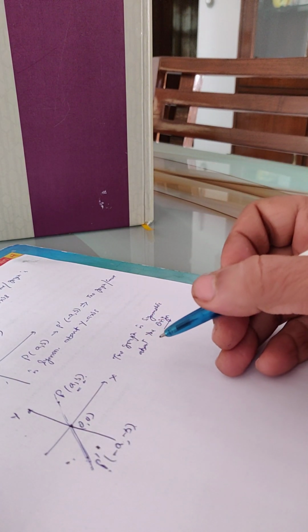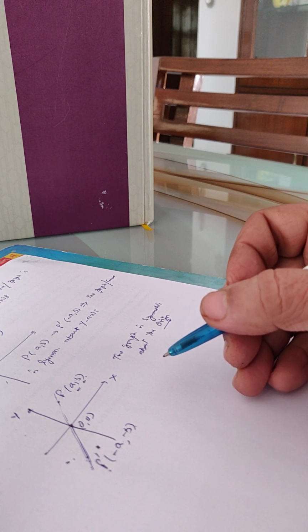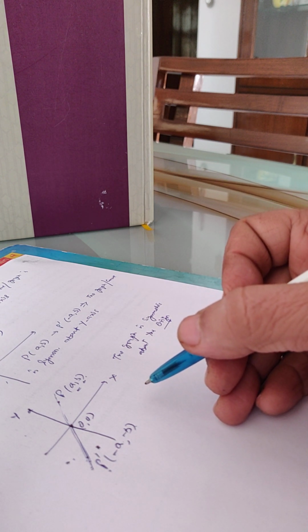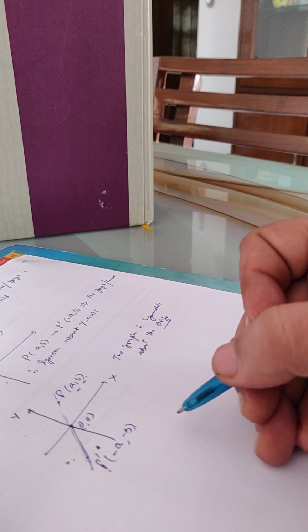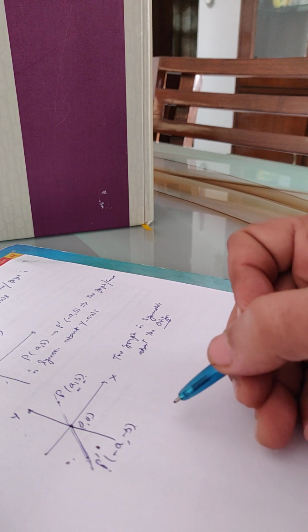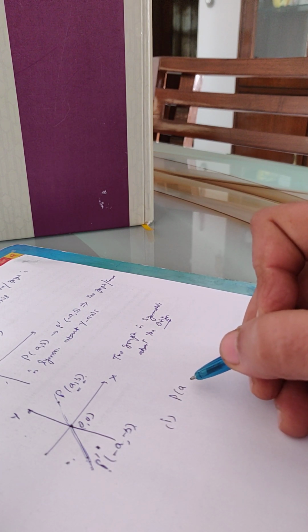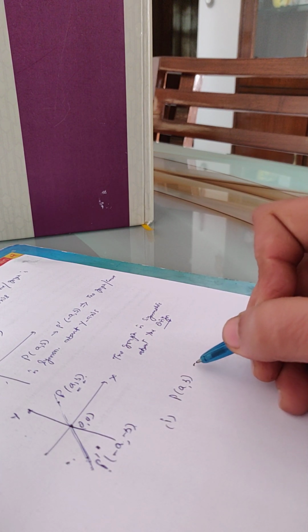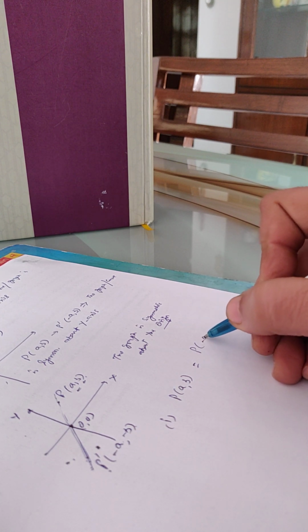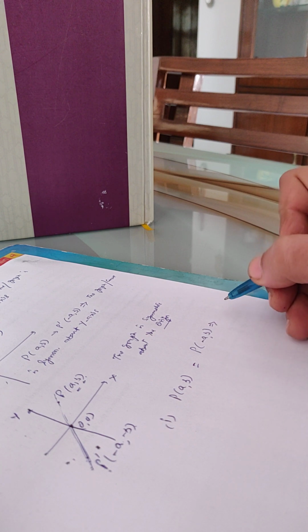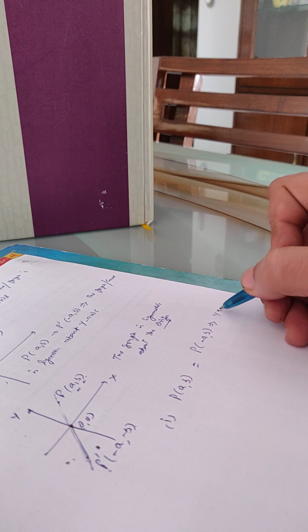So we have concluded our discussion into 3 points. Point number 1: if P of (a, b) is equal to P of (minus a, b), then we say this is symmetric about the y-axis.